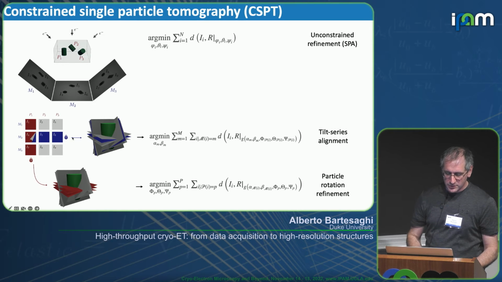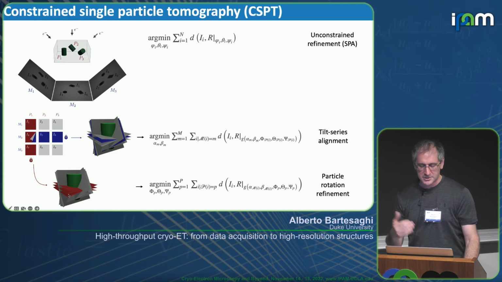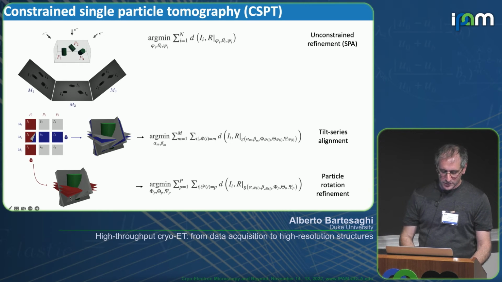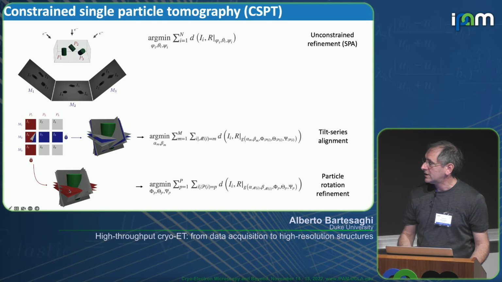The second thing that you can do is, if you consider the columns of this matrix, the green cylinder here represents the reference, and now you have a small tilt series that represents the projections of a given particle. And now you know that the spacing between them is going to be given by the tilt geometry.